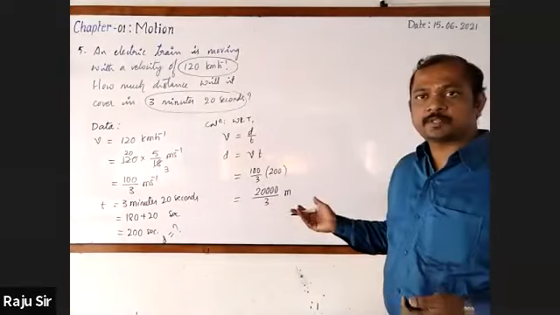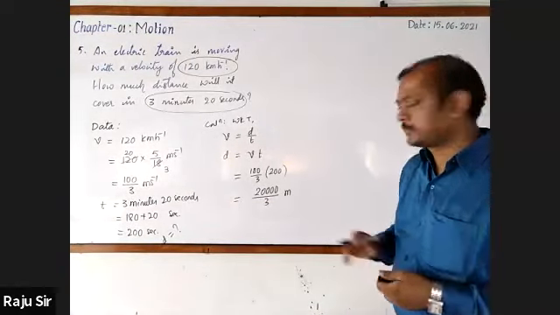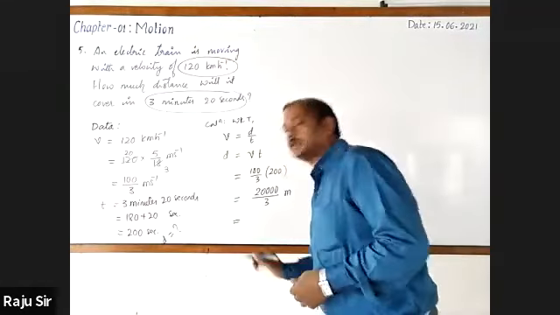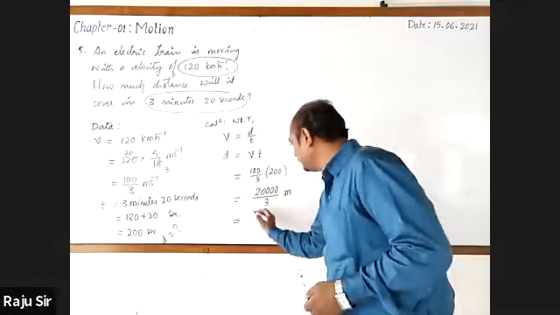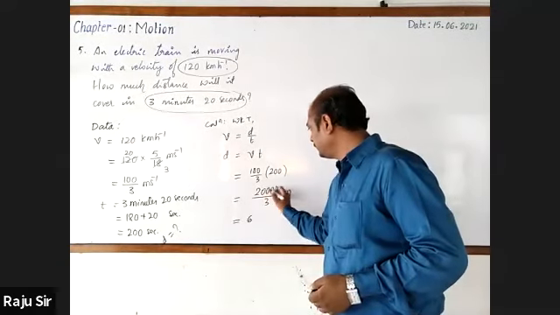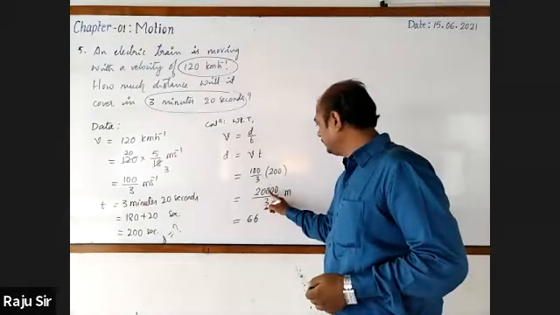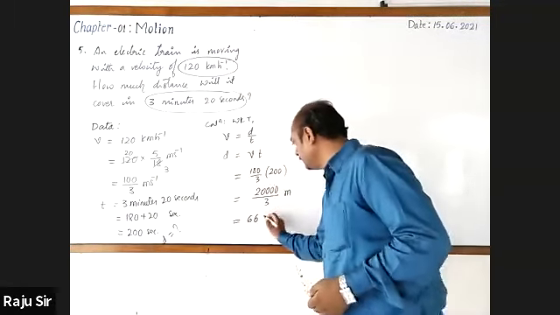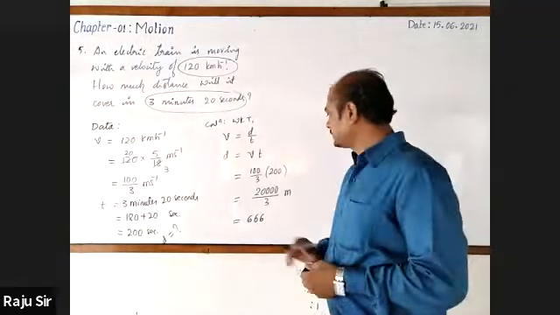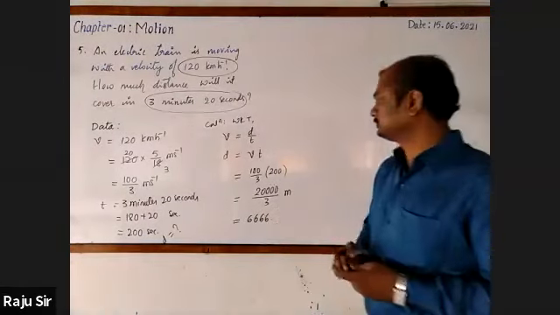You can also express this in decimal form. You can write like this: 3 sixes are 18, 2 will remain, 20. 3 sixes are again 18, 2 will remain, 20. 3 sixes are 18, 2 will remain, 20.